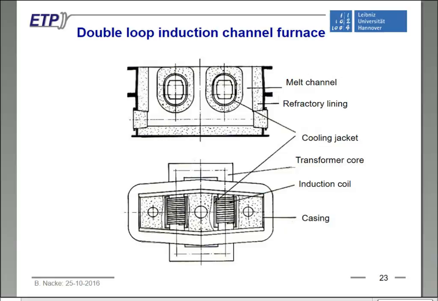The magnetic yoke is one big part of such an inductor, and that means that this double loop inductor, with more or less the same size as a single loop inductor, can be fed with more or less double the power rating. That means for high powered inductors, the double loop inductor gives a lot of advantages.